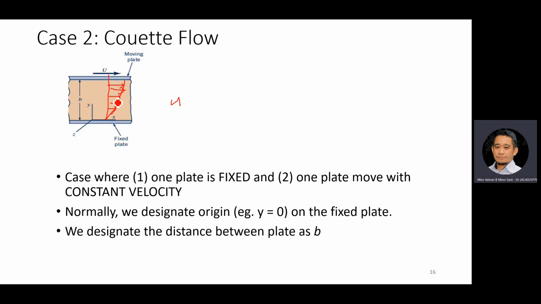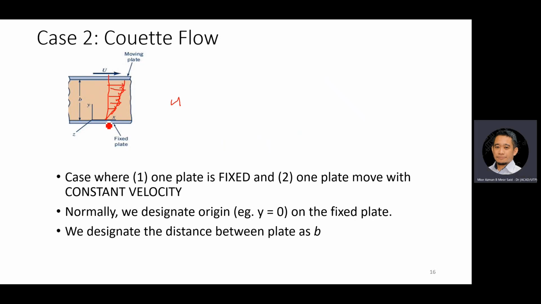So you can imagine that the velocity profile for this is u equal to 0 at the fixed plate, because of the no-slip condition, where the velocity of the fluid particle equals 0 at the fixed plate, but it will increase until the velocity at the moving plate equals the velocity of the moving plate.